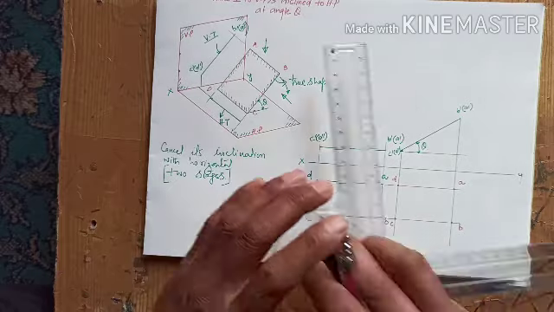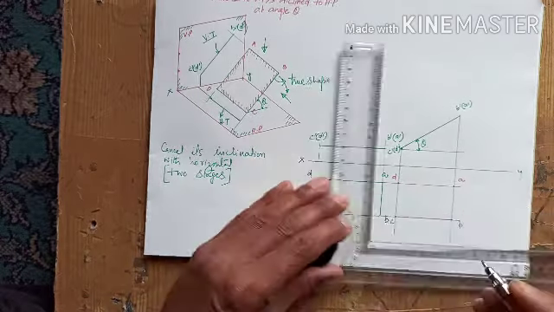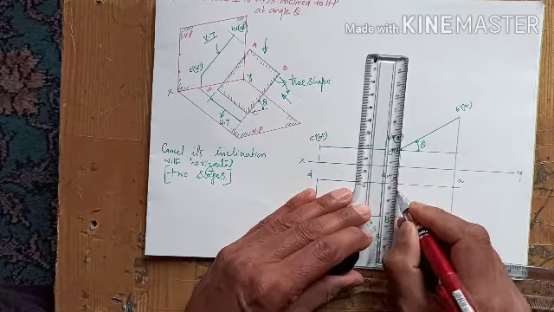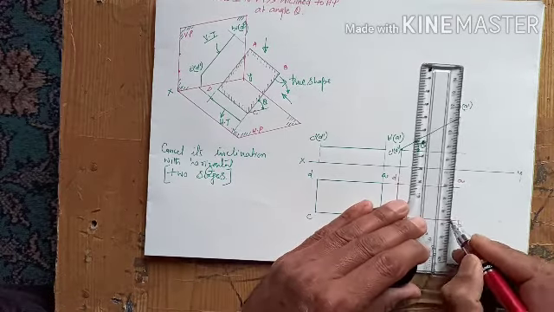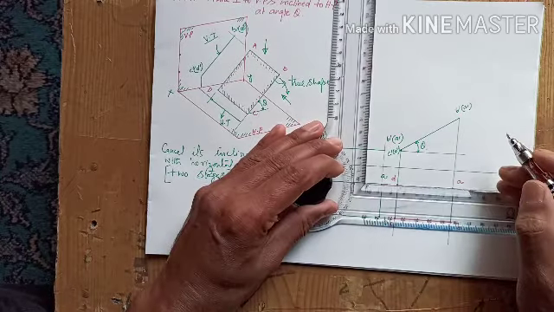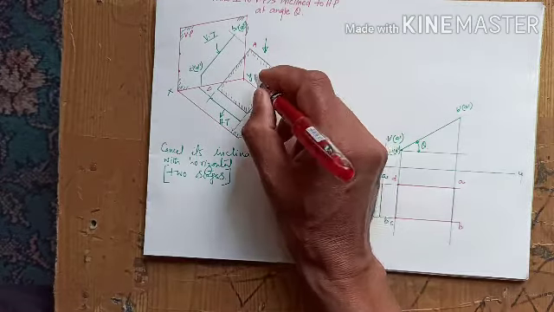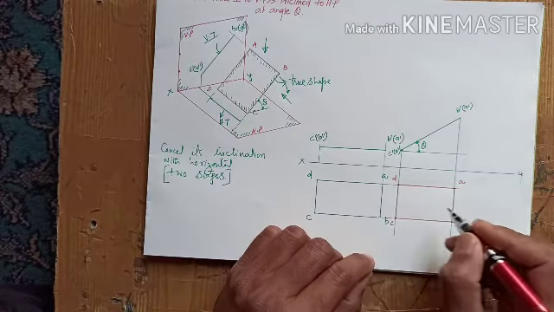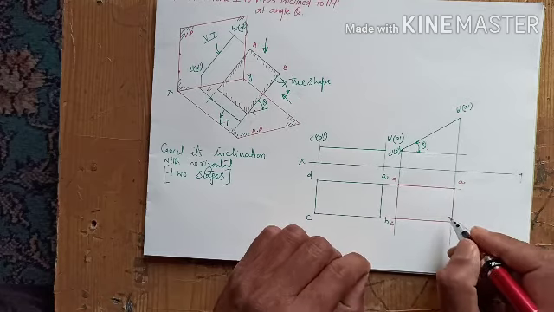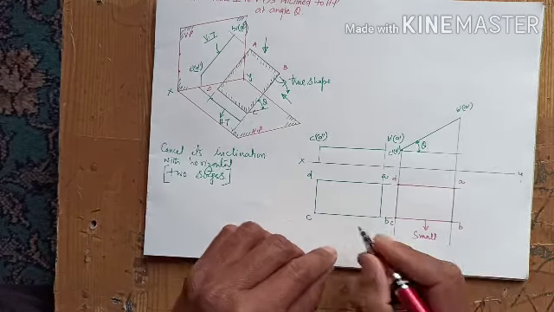Now you need to darken this rectangle, and you can see this rectangle is smaller than the true rectangle because it is seen as apparent in the top view. The apparent top view is always smaller than the true.